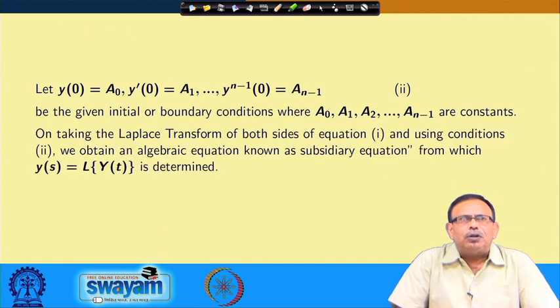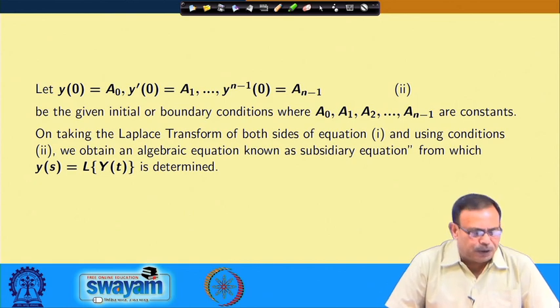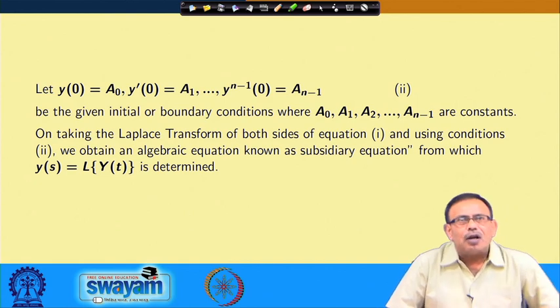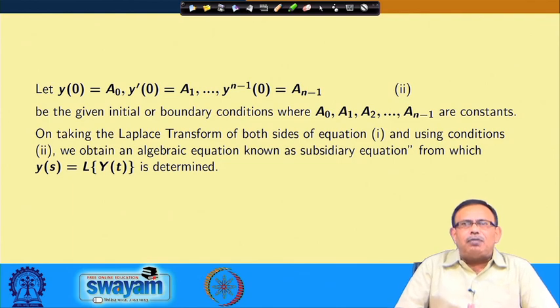What will we do? We will take the Laplace transform on both sides of the given equation. Simply we will take the Laplace transform of both sides of equation 1, that is the ordinary differential equation, use the initial or boundary conditions 2, and using this we will obtain an algebraic equation known as the subsidiary equation.